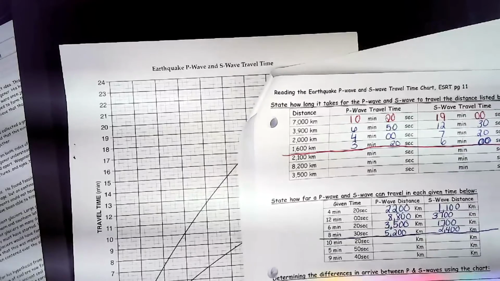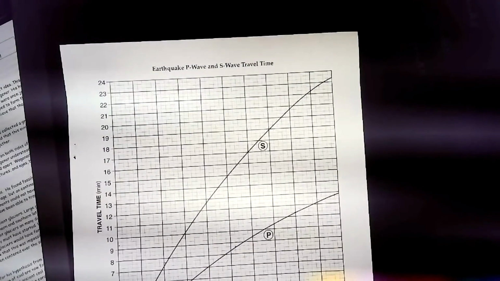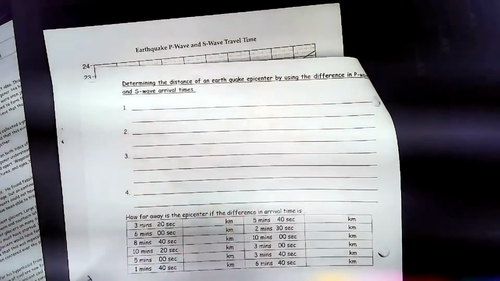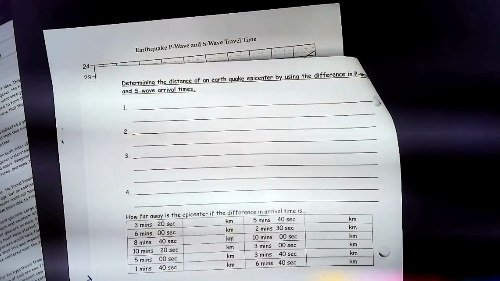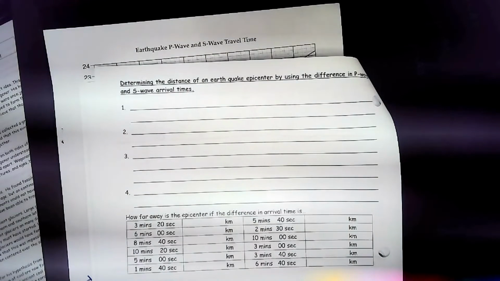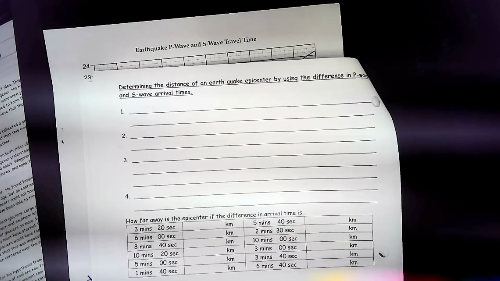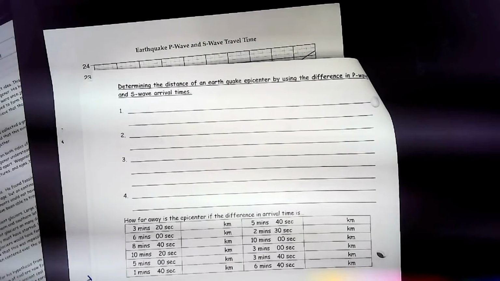So now we're gonna change it up and do the last part of what I think is the hardest thing all year. It says we're determining the distance of an earthquake epicenter by using the difference in the P wave and the S wave arrival times again.